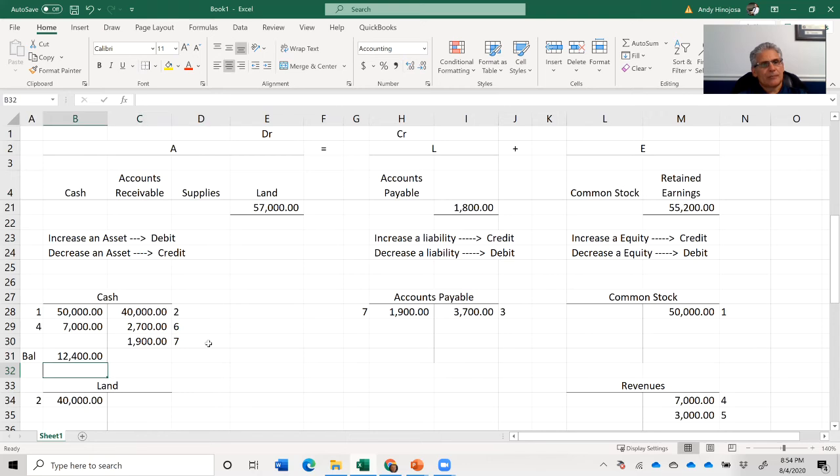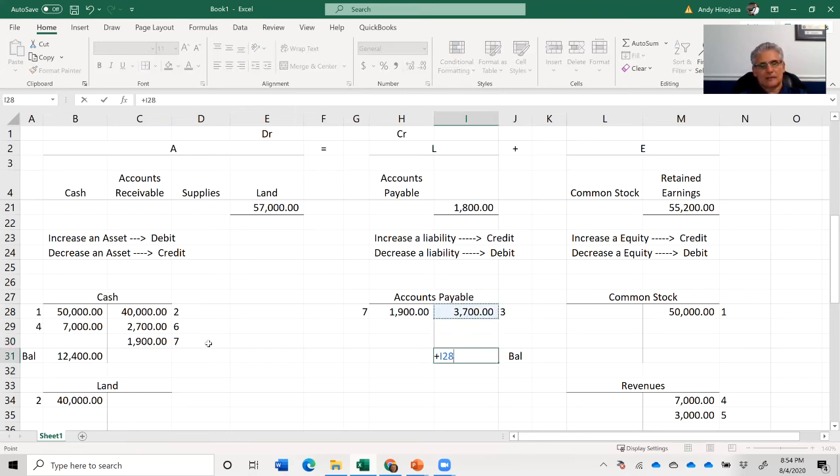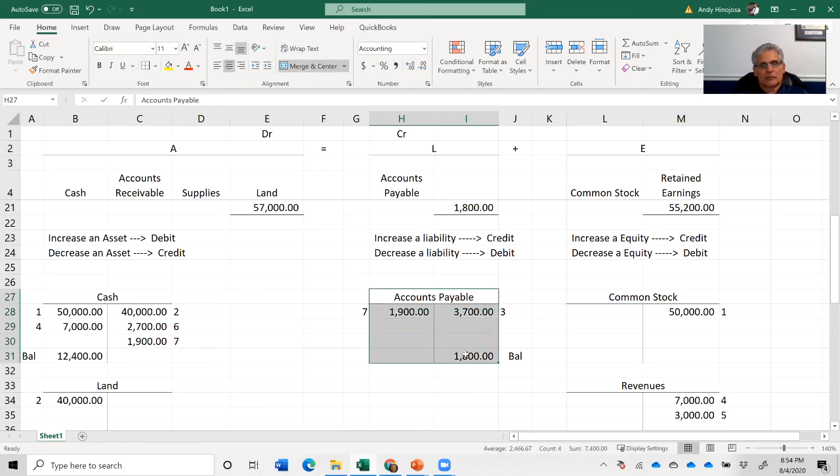We have a debit balance of $12,400. Over here, our balance is a credit balance of $1,800, so the ledger for the accounts payable account will show a credit balance of $1,800.